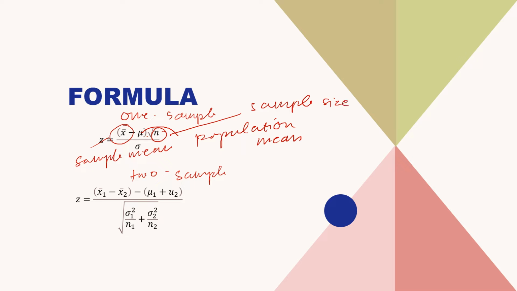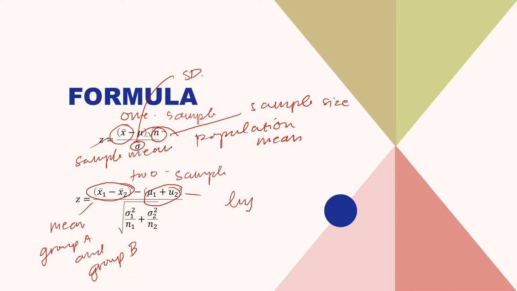By the way, these are all written in the transcript that I sent you, so please do refer to that if you find this a bit confusing, so you have your own reference. And your sigma is your standard deviation. Same goes for two sample tests. The only difference is that here we have the mean of group A and group B. Okay, and then here you have your hypothesized mean difference.